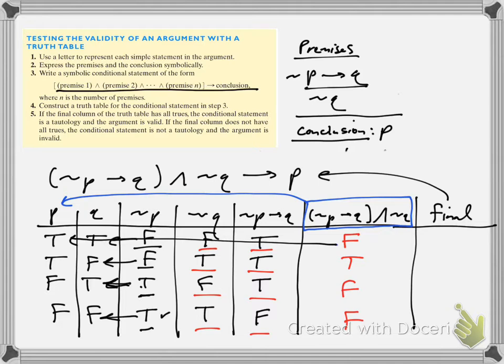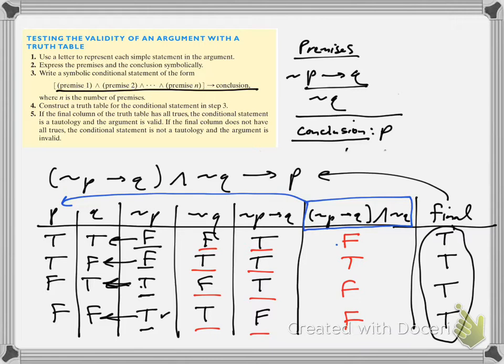If you go back to your truth tables for the arrow, false arrow true is true. True arrow true is true. False arrow false is also true if you go back to the conditional truth table. And false arrow false is true. So this argument is valid because it's a tautology. They're all trues. So the answer is this is a valid argument in this case.